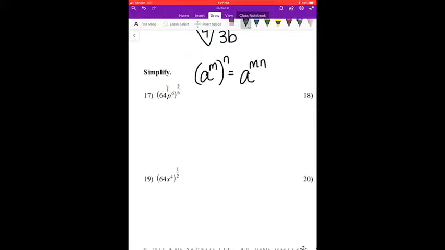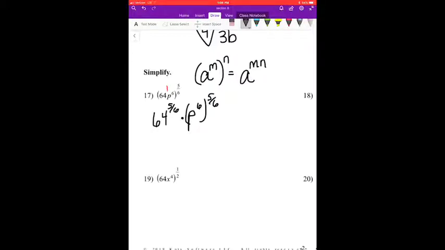Multiply them. All right? This is not a sum inside the parentheses, we're not adding or subtracting two things, it's one term. So every part of that term has to be raised to the 5/6 power. So that would be 64 raised to the 5/6 power times p to the 6th raised to the 5/6 power, right?